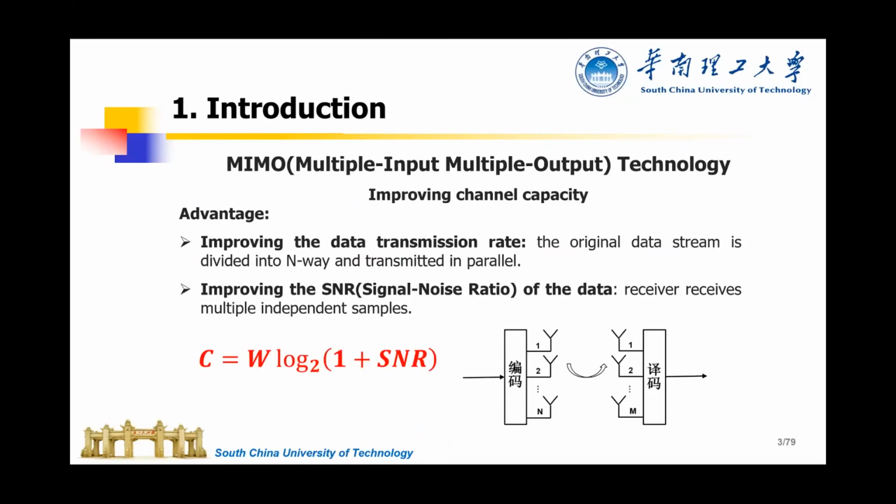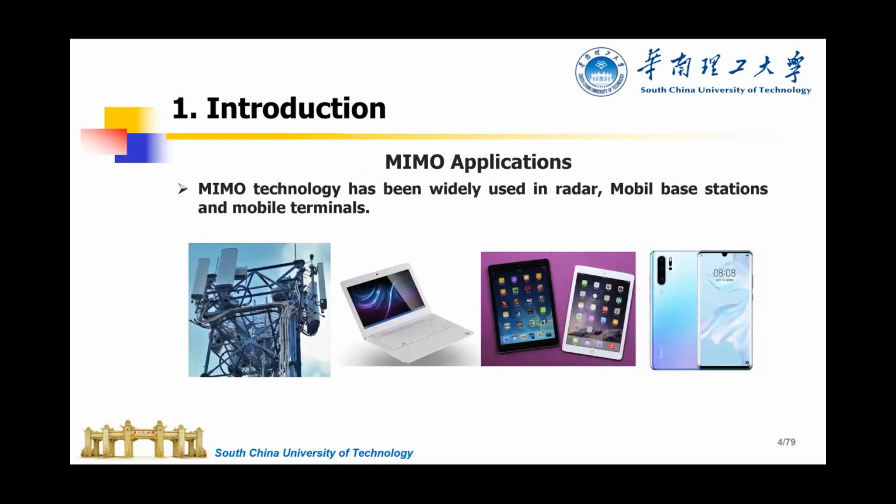First, improve the data transmission rate, and second, improve the signal noise ratio of the data, just from the Shannon equation. Currently, MIMO technology has many applications, for example, in the base station, in the mobile terminal, or the mobile phone.